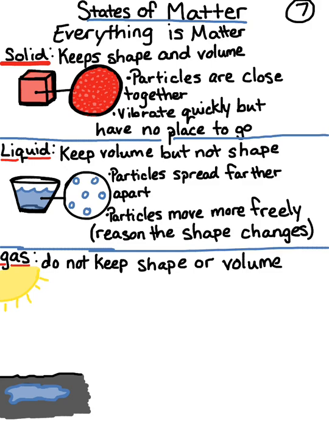In this case, what's going to happen is the sun is going to heat up the puddle and cause water to evaporate. When that water evaporates, it's going to become a gas.